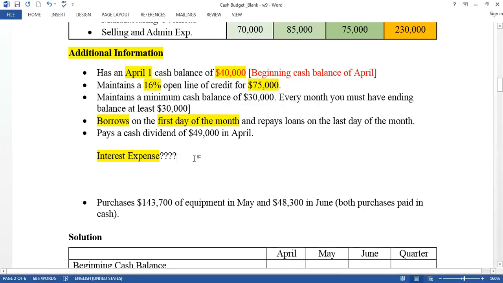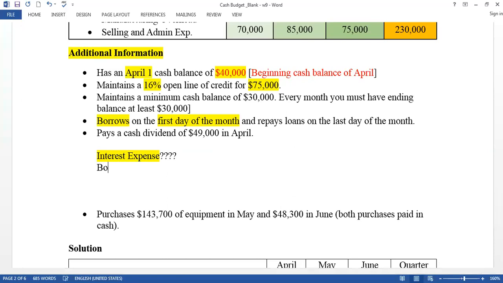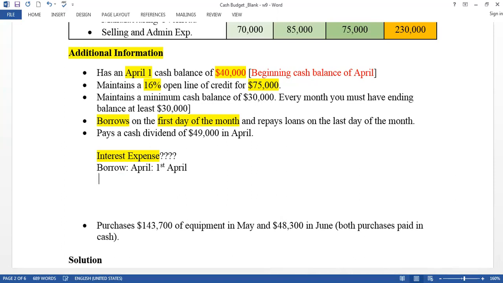For example, you borrow money in April. This month you need to borrow money. Now, according to this question, what should be the date of this borrowing? April 1st, yes. So 1st April. You understand this, right? The question said to borrow money on the first day of the month.